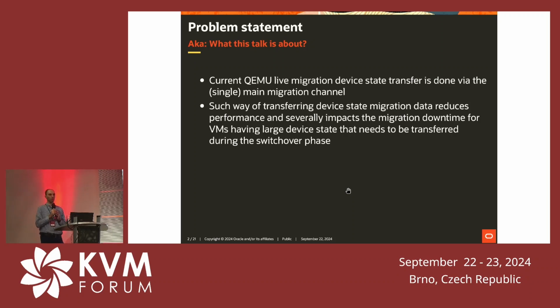And at some point, the count or size of this remaining data is below a certain limit. At that point, the source VM is stopped and the remaining data is moved to the destination QEMU, where the VM is restarted, or better said, resumed.